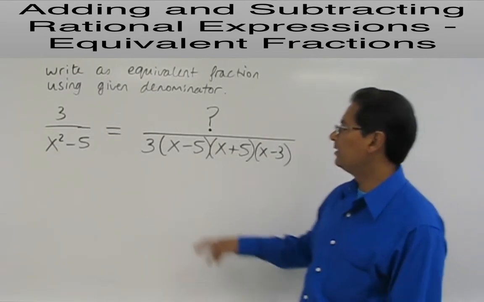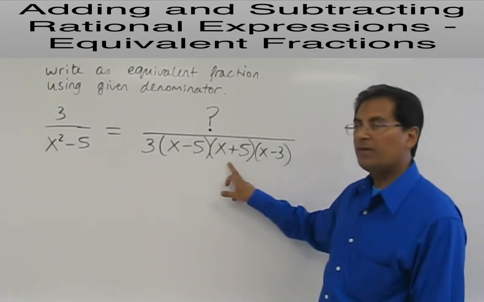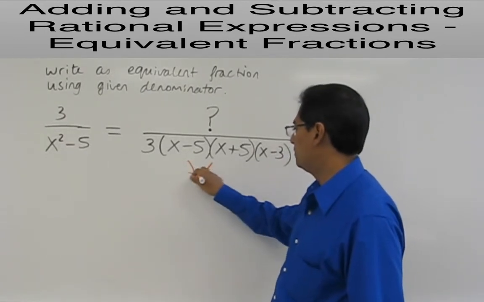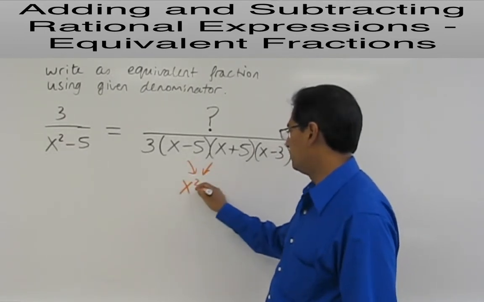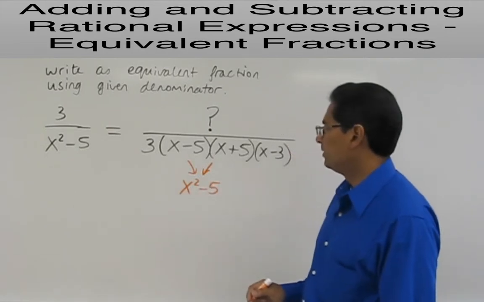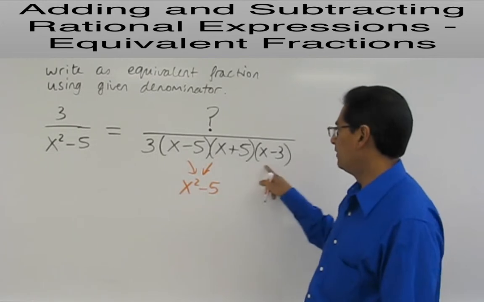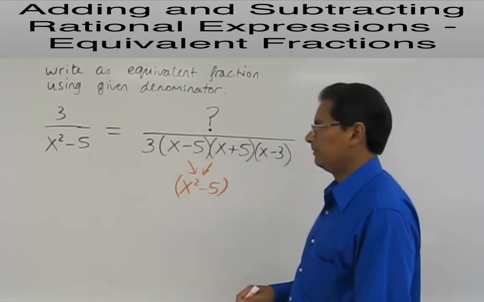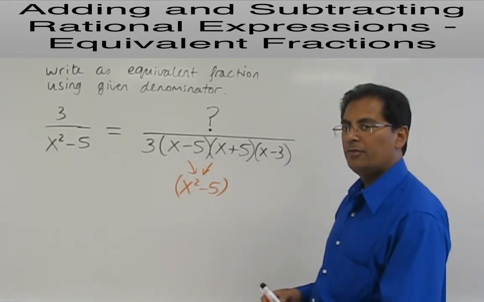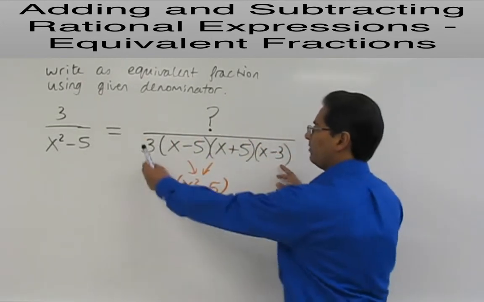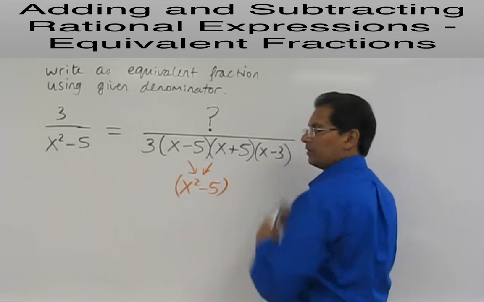You may notice that x minus 5 times x plus 5 is actually x squared minus 5. So our denominator is actually 3 times x squared minus 5 times x minus 3. And if you notice, therefore, this denominator goes into this denominator, whatever's left over, 3 times x minus 3.